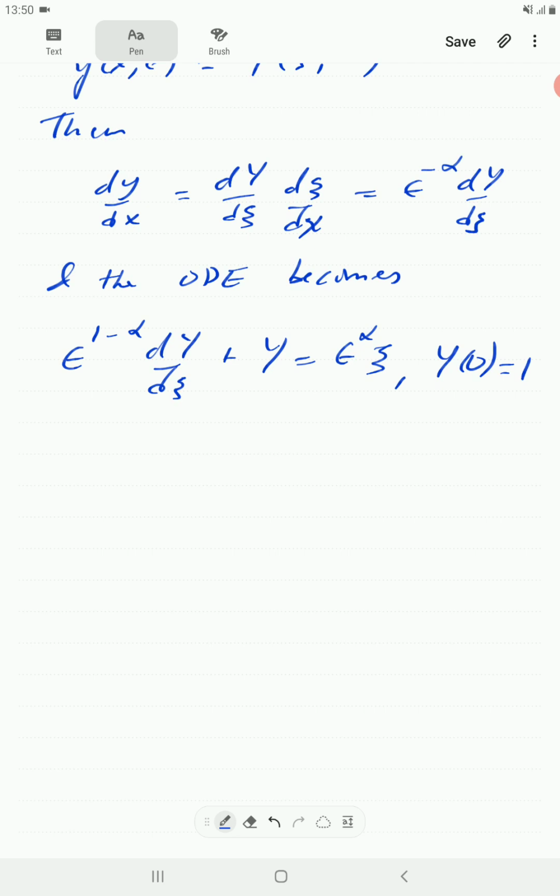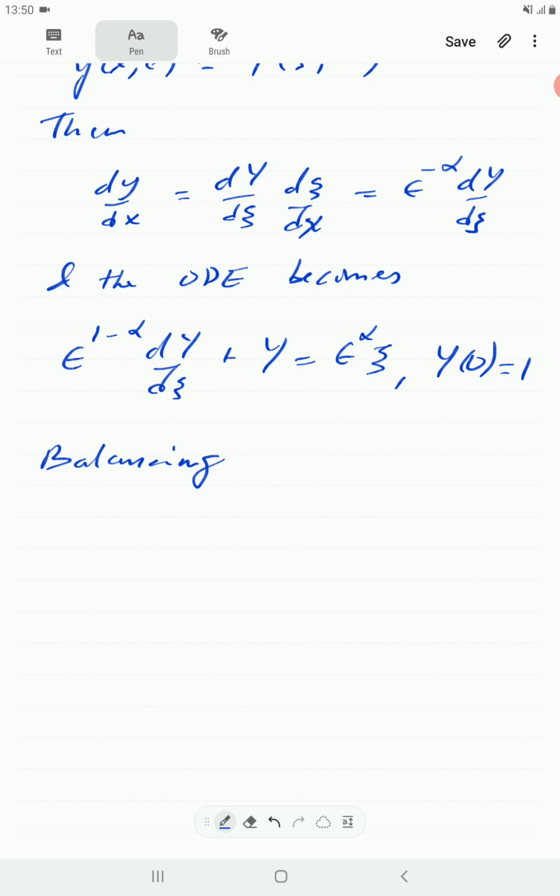So you might want to look at that particular video if you are not familiar with that idea. So here we start balancing terms, and that's how we obtain the distinguished limit.